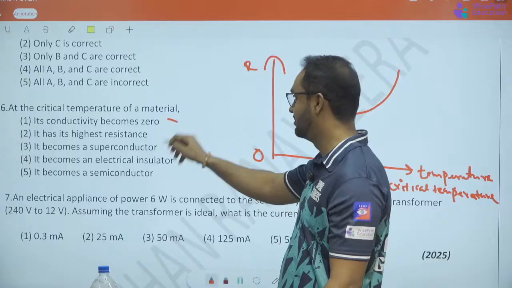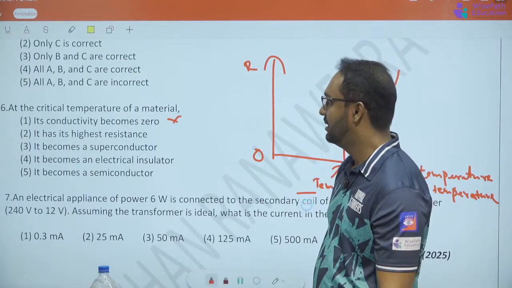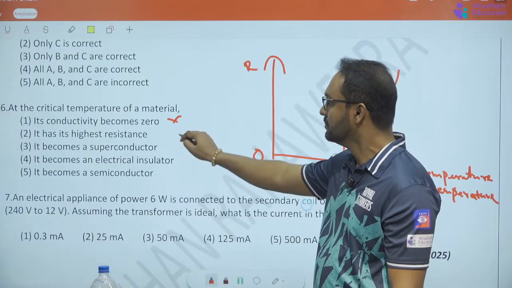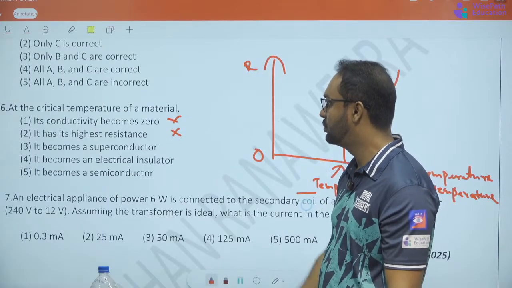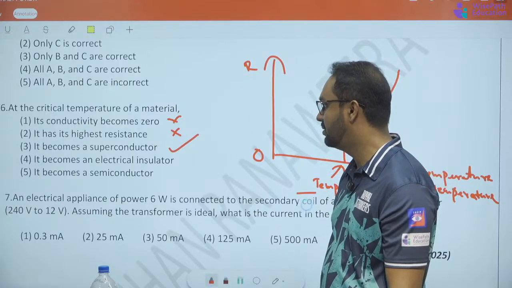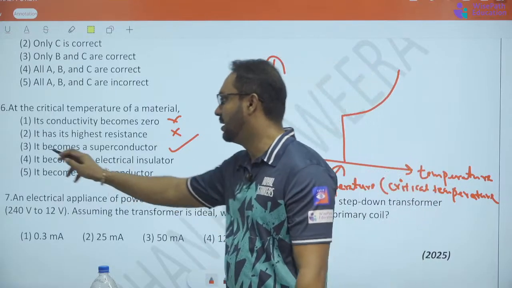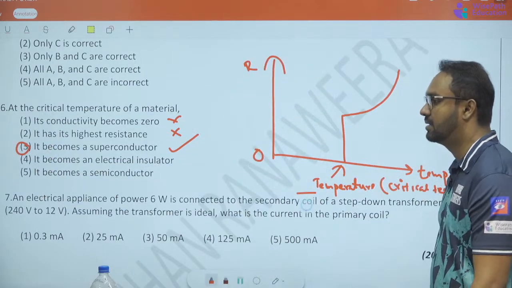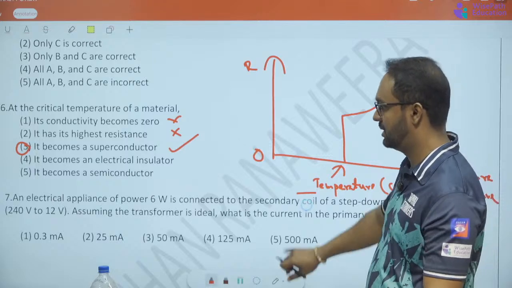Does it have its highest resistance? No. It becomes a superconductor. True. It becomes an electrical insulator? No. It becomes a semiconductor? No. So the answer is 3. At the critical temperature, the conductor becomes a superconductor, right?